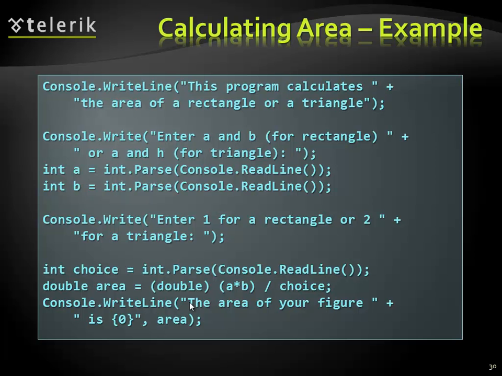Does anyone have anything to ask about this? There is no exception handling here. It could produce an exception, and there's no TryParse, so this is not a clean program, let's say.